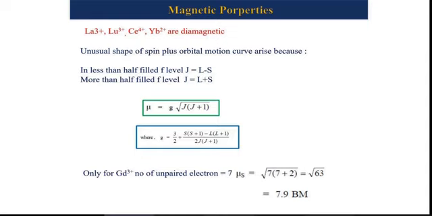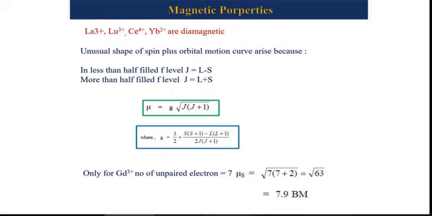Third, what is the reason? In case of f-block elements, the spin orbital coupling has a higher value with respect to crystal field splitting. In simple language, in case of lanthanides, the spin and orbital contribution will be more as compared to the environmental effect. And why is the environmental effect less?